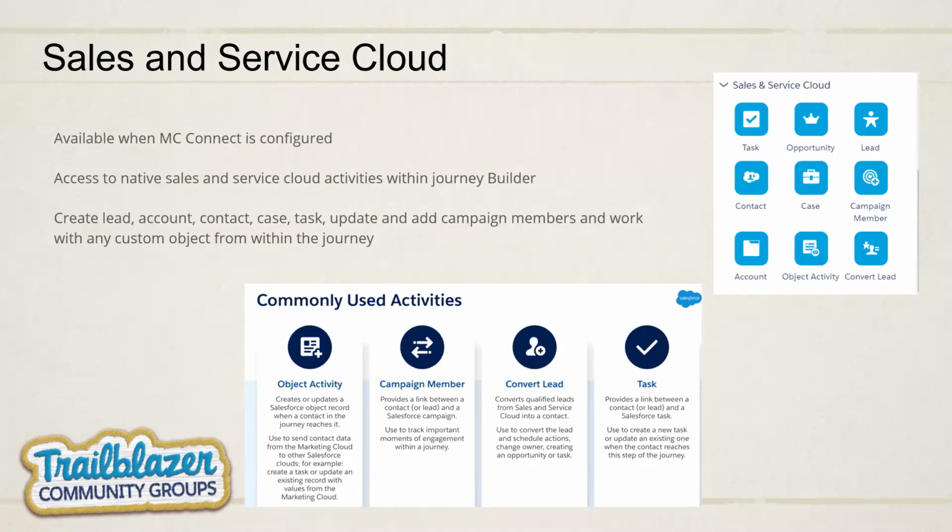We can also link them to the campaign, and the contact and lead can be linked to that specific campaign. You can also create accounts, convert leads, and also custom objects. Also, we can map and then update some of the attributes in the custom objects as well. So we can use these only when Marketing Cloud Connect is fully configured.